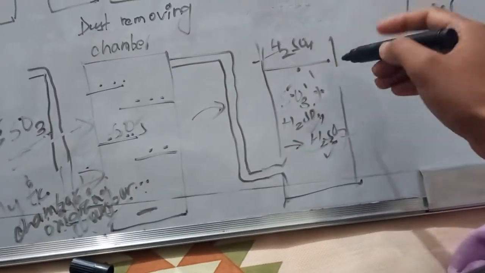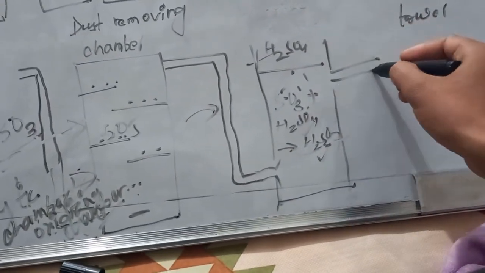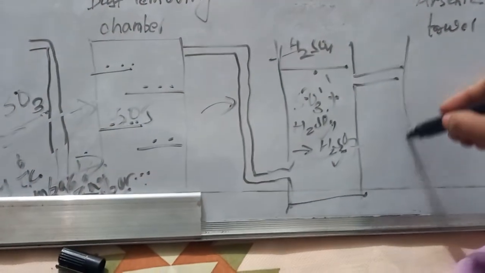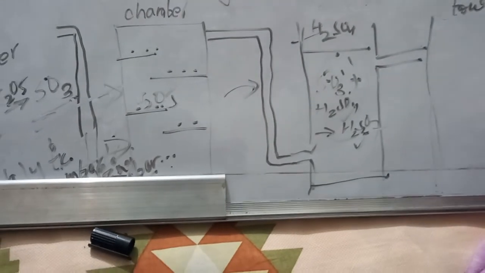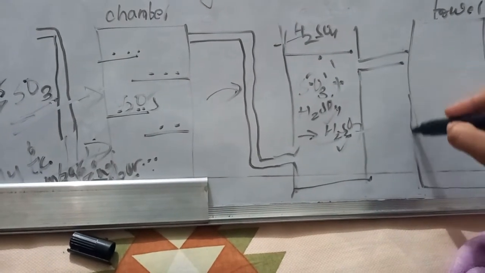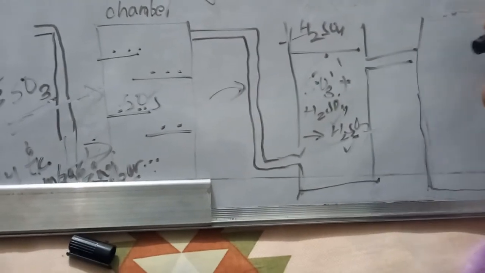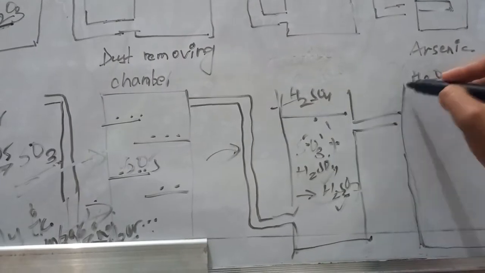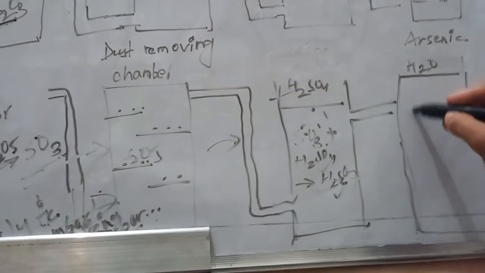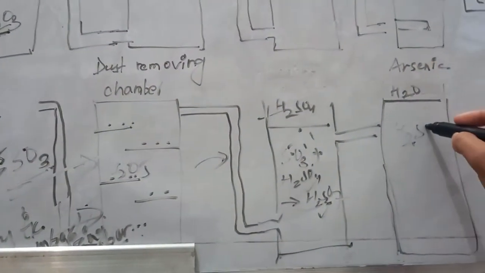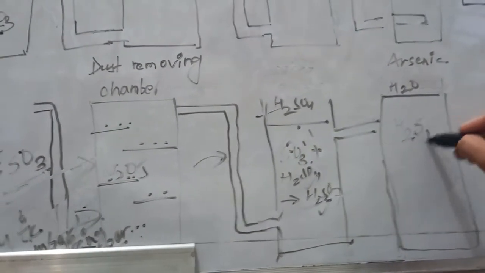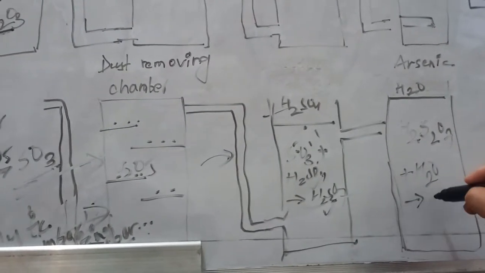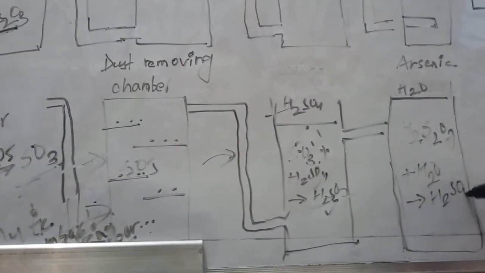Yes, H2S2O7. Now the last, our main target comes here. We will pass oleum, and in the last we will pass H2O. H2S2O7 plus H2O gives H2SO4.